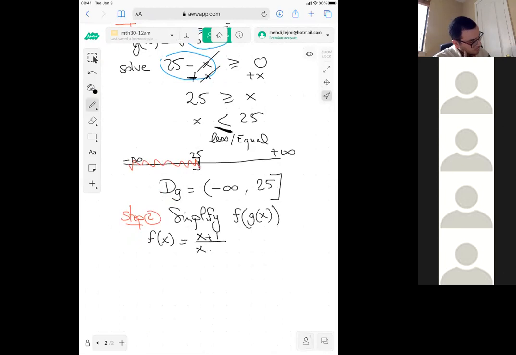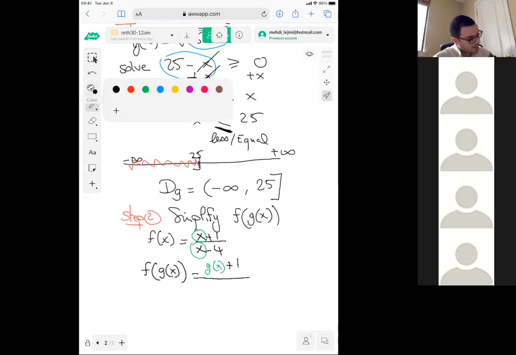Now I want to compute f of g of x. You see there's an x in the top and there's an x in the bottom. So that x would be now g of x. So here it's going to be g of x plus 1, and we're going to have a g of x in the denominator, and there is a plus 4.